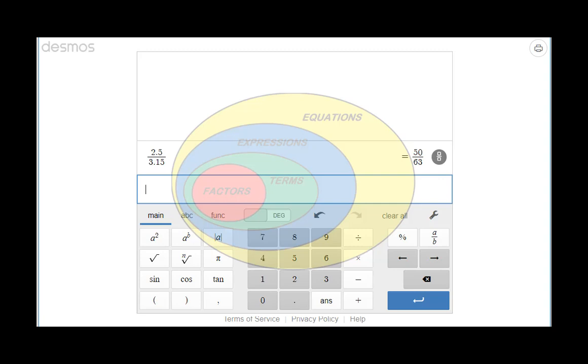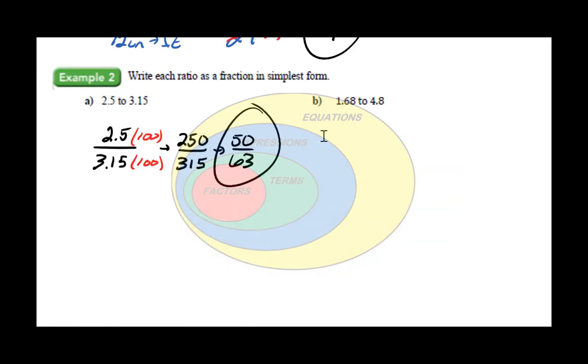All right, going back, let's look at our second problem here, 1.68 to 4.8. If we write this as a ratio, it'd be 1.68 over 4.8. Again, we could convert that to a fraction without decimals by multiplying top and bottom by 100. I have two decimal places, so I want to multiply by 100 to move the decimal place twice.